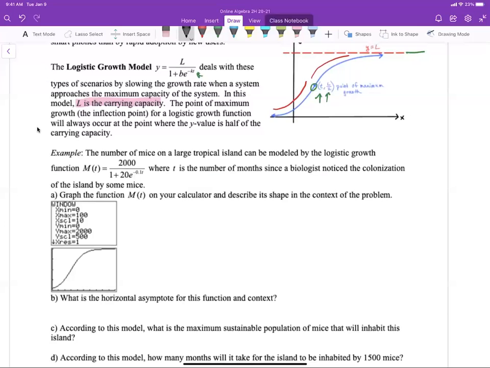So we are going to take this function for the number of mice, and we're going to enter that into our calculator under y equals. So we will hit y equals, and let me go get my calculator. I will plug in 2000 divided by, in parentheses, 1 plus 20 times e to the minus 0.1.